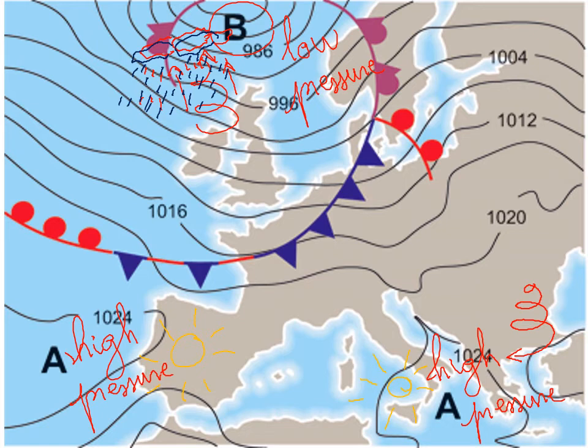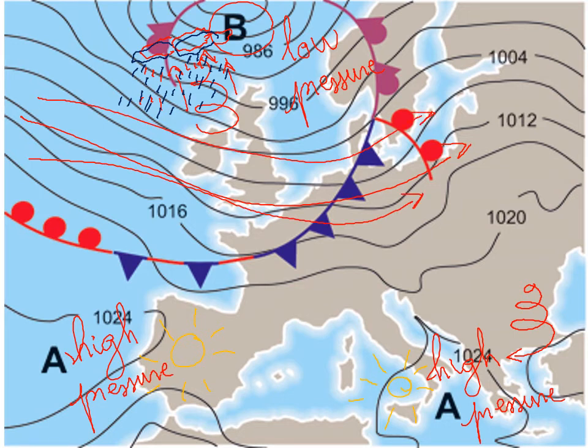Here we can also know where the wind is. I'll draw it in red as well. The wind always goes in between these lines. Wind is flowing like this. The closer the lines, the more important the difference of atmospheric pressure we will have, so the stronger the wind will be.